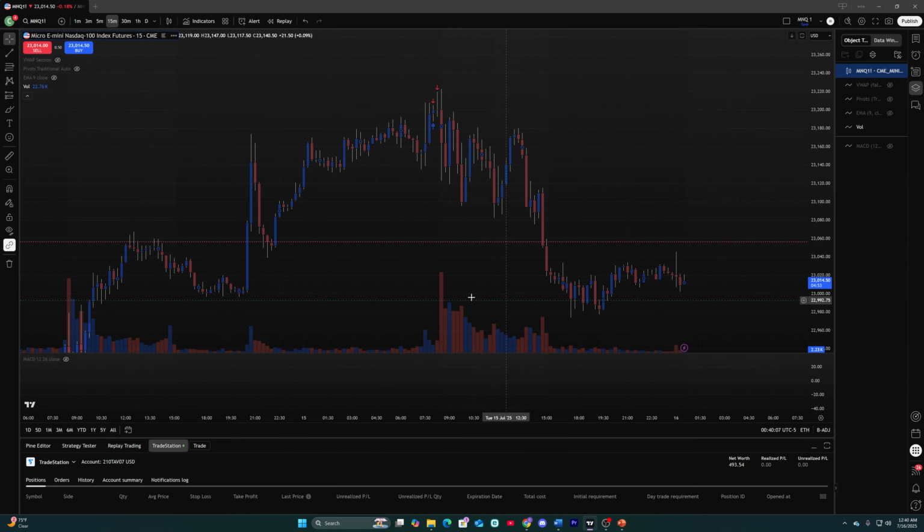So let's take a look. Down here is going to be our volume. Now remember, if you didn't change your color, my blue is what green would be on the normal chart. We're going to turn on our pivots for this as well.